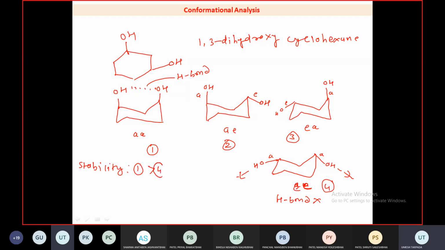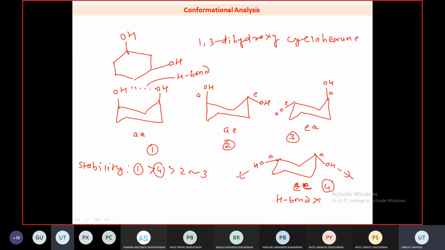Of course, then next is 4. Then 2 and 3 have the same stability. Your answer is also a correct one, no problem, because structure 4 has less steric interaction, with both groups at equatorial position. Of course, it is correct. But this is the exceptional case where hydrogen bonding takes place. And whenever hydrogen bonding is there, the stability order gets changed.